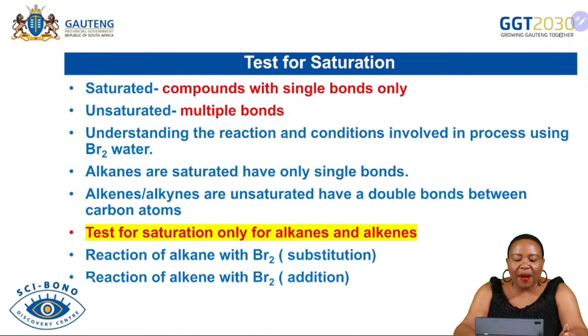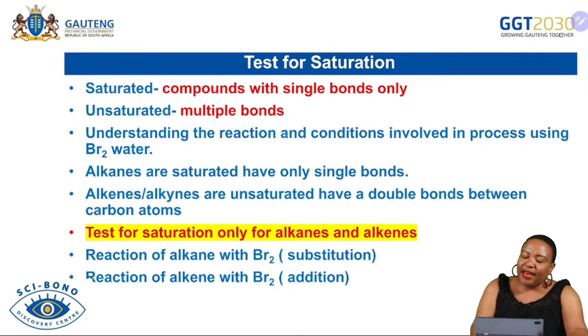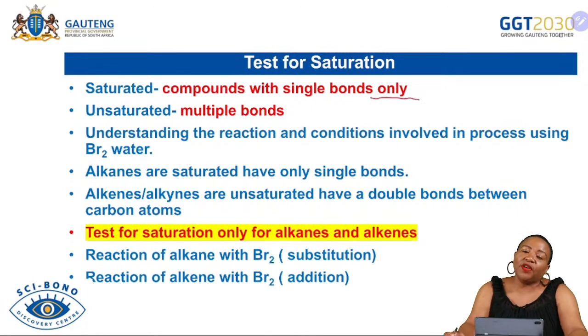Now, I started by providing little definitions of saturated and unsaturated, whereby saturated compounds have single bonds only. And learners, you must know that this word only is very important here, because some of the unsaturated compounds still do have single bonds, but not only single bonds are in that compound.